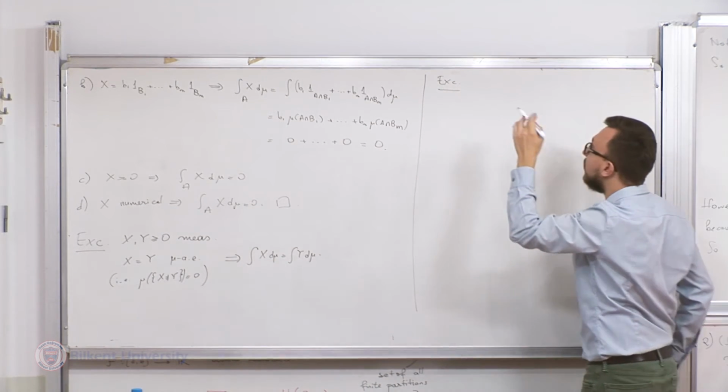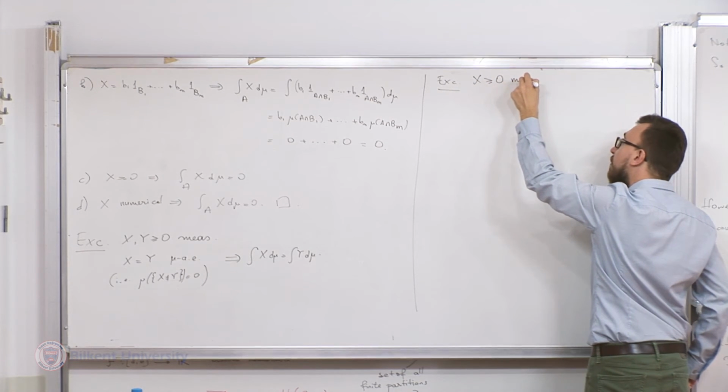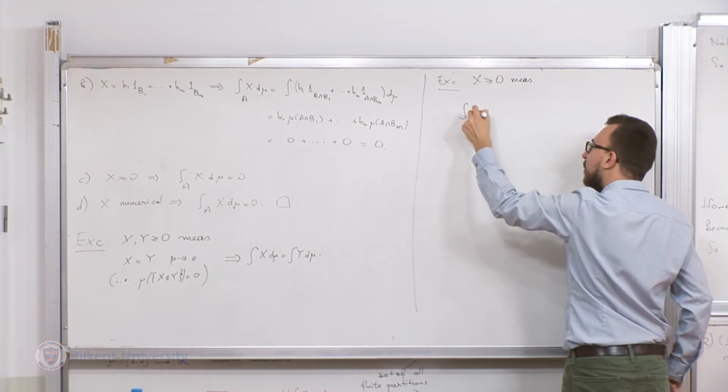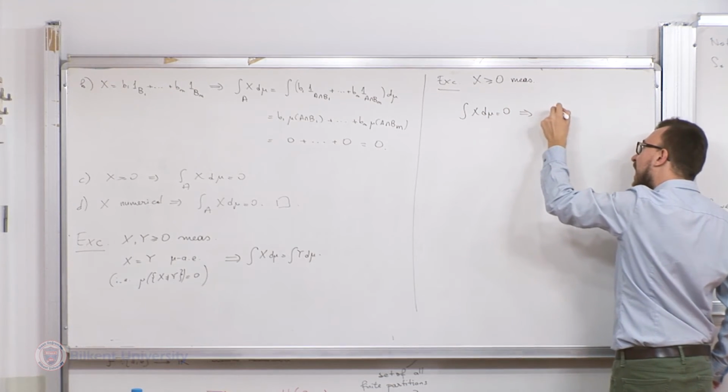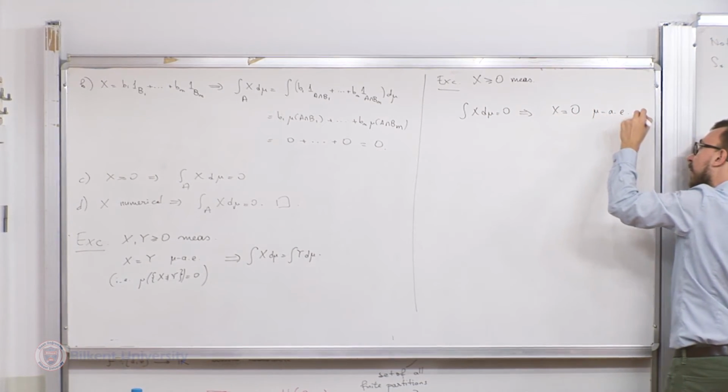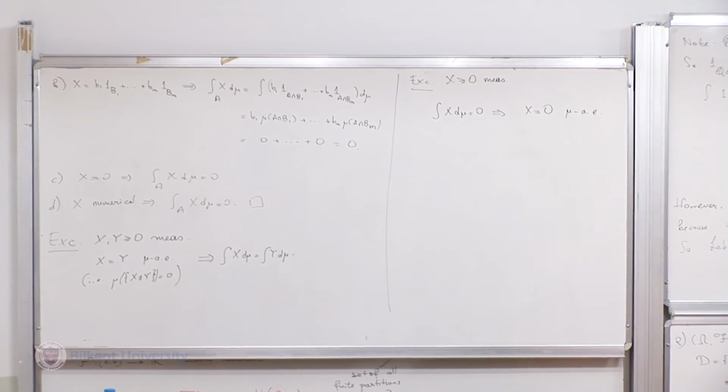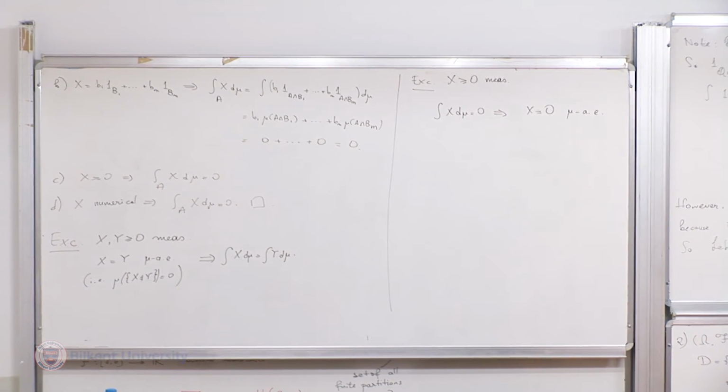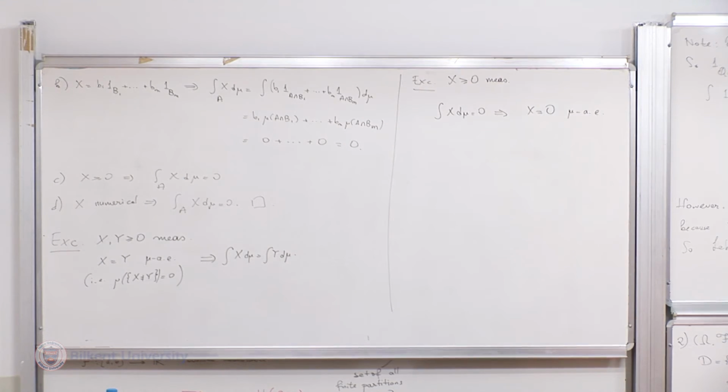So another exercise is if you have x positive measurable and the integral of this is 0, then you can say x is 0 almost everywhere. This is also a very natural result. First of all, it's a positive function, so its integral is also positive. What we're assuming is that the integral is even 0. So this means the function itself must be 0, but it is OK if it is non-zero on a set of measure 0.